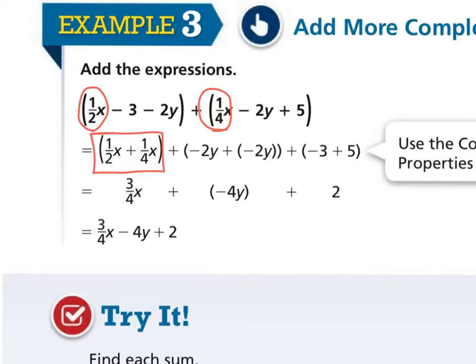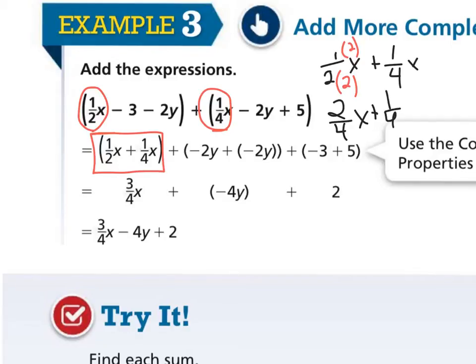So with the 1/2 x and the 1/4 x, common denominator would be 4. So the first fraction, we'll multiply those both by 2. So that'll be 2/4 x plus 1/4 x is how they got the 3/4 x.